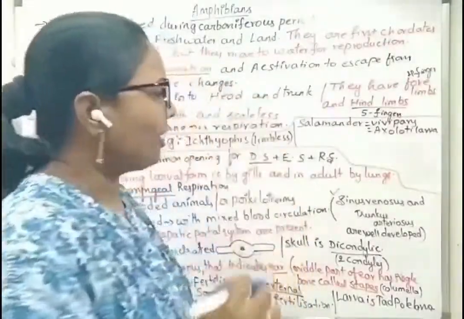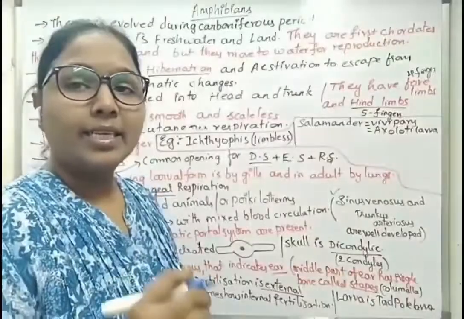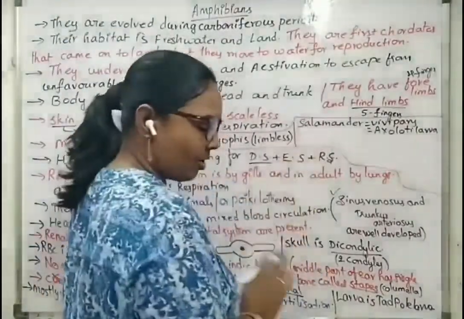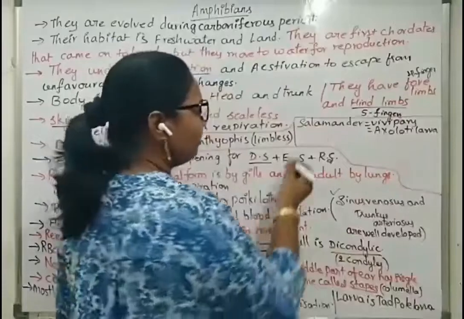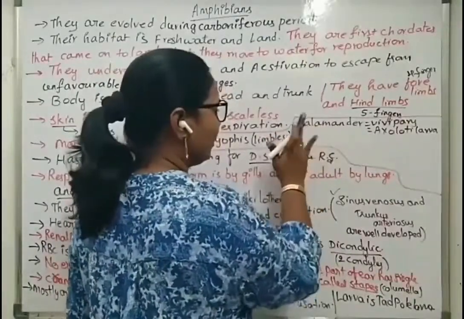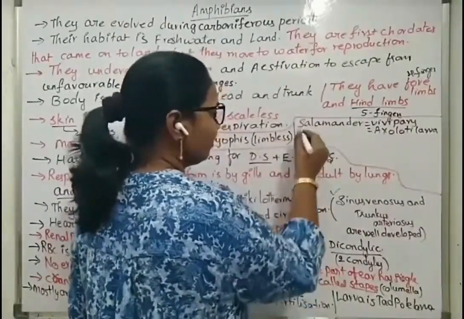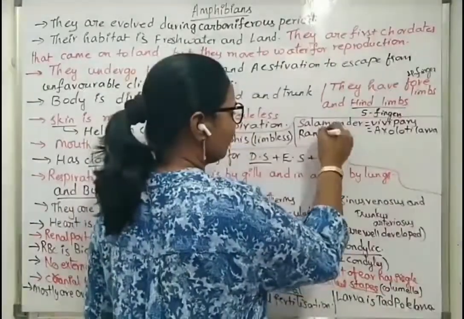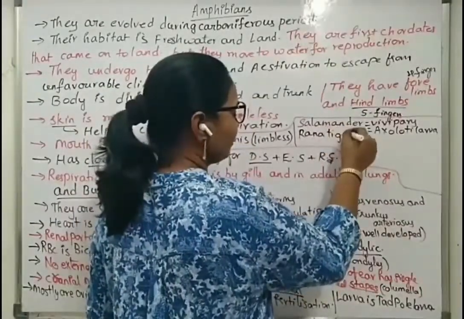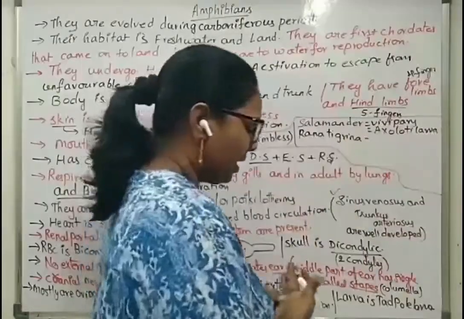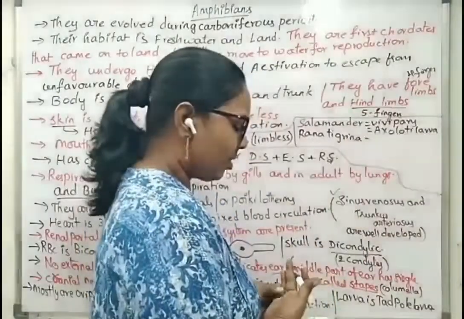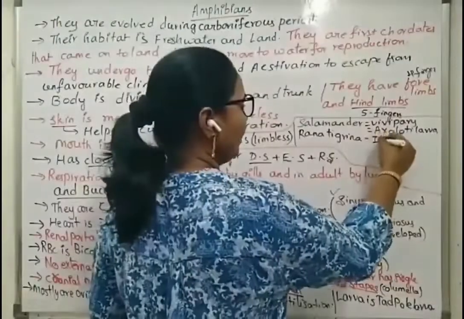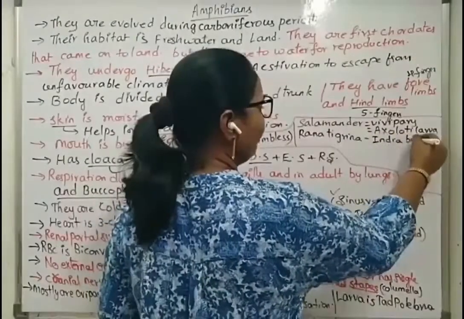Another one is the Congo eel in case of amphibians. It has the largest RBC. That example is also not in NCERT. Other examples we will write. Rana tigrina, that is the Indian bullfrog.